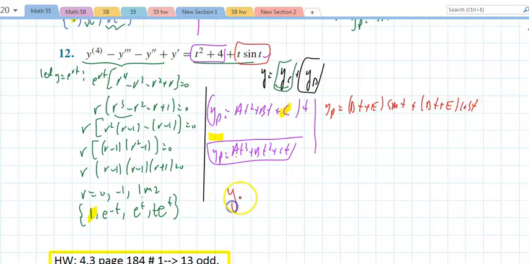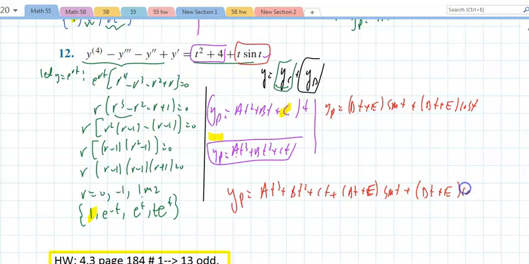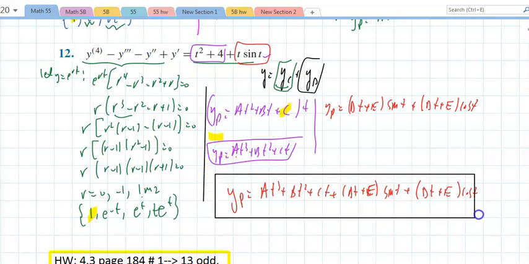So, the particular solution for this problem is a t cubed plus b t squared plus c t, plus d t plus e sine of t, plus, you could put cosine first, it doesn't really matter. And of course, you would know how much fun it is to find a, b, c, d, and e. That's a 5 by 5.